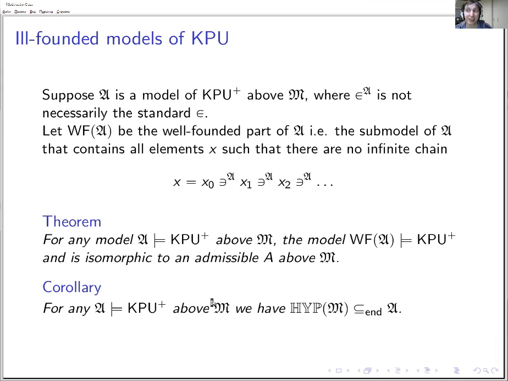However, if you have such an unbounded function in the well-founded part, we would be able to apply collection to it in this ill-founded model, and this would give us a bound for this function that was unbounded in the well-founded part, and this will give us the suprema of all the ordinals.